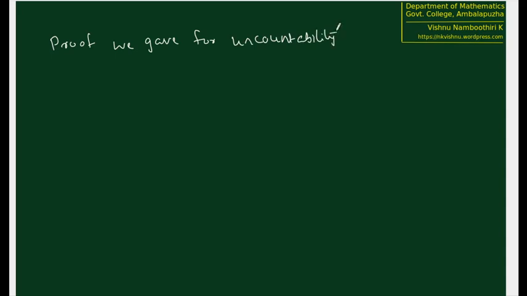Proof for uncountability of (0, 1) using Cantor's diagonalization method: suppose f from the set of all natural numbers to the open interval (0, 1) is one-to-one and onto.